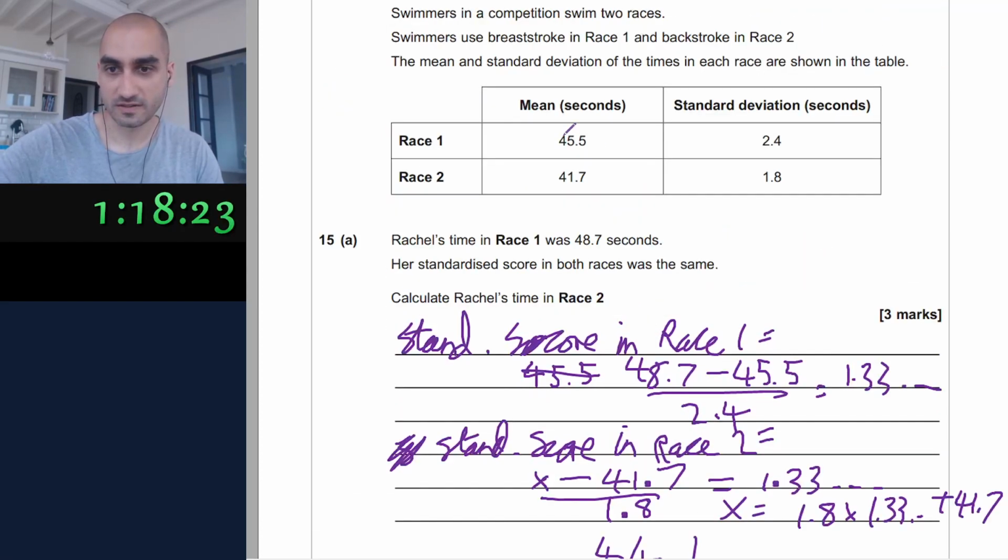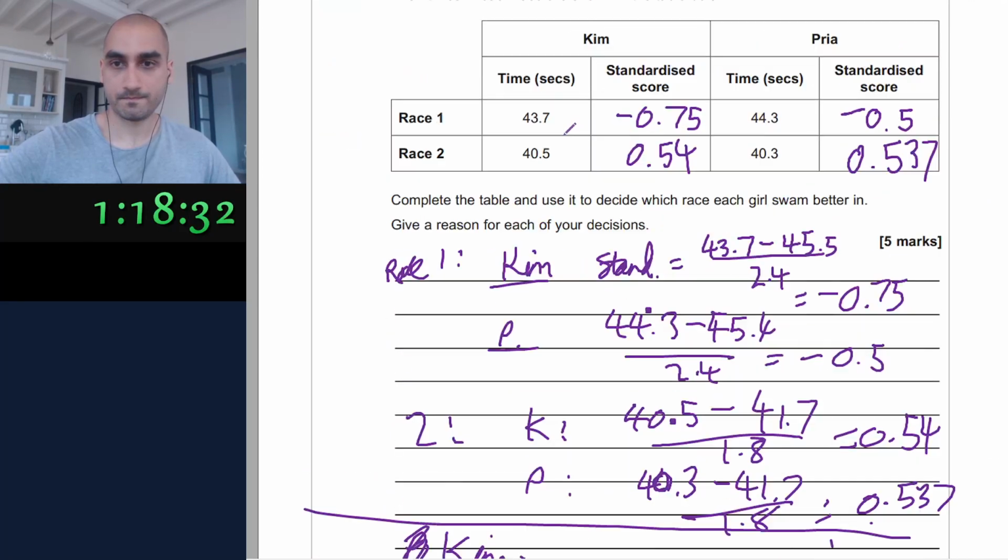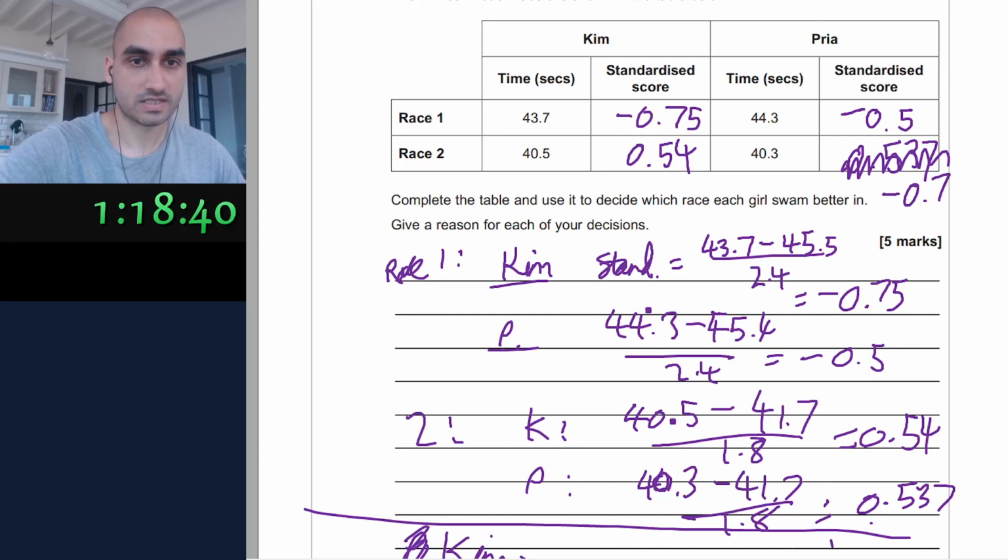They should be negative, and nothing like what I have here. Minus 0.778. Okay. So that last one, minus 0.778.